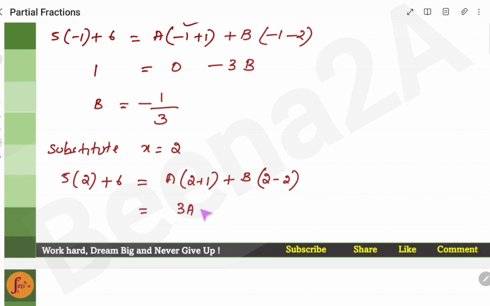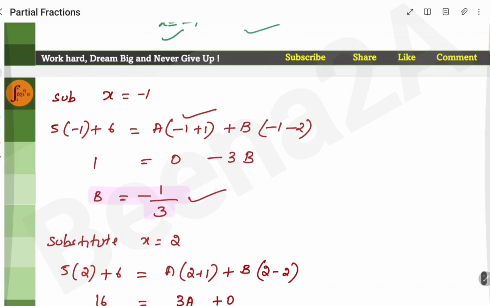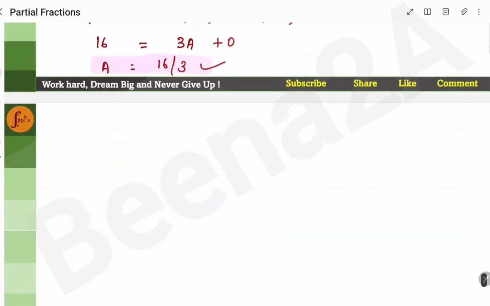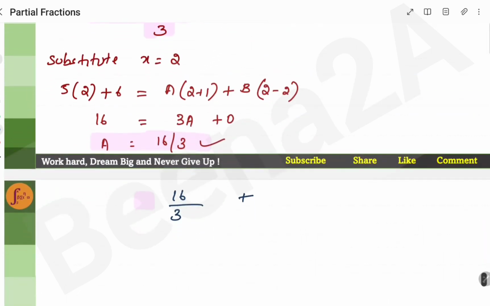So you get 3a plus 0 is equal to 16. Therefore a is 16 by 3. So I got both the a value and the b value. Now let's substitute in this particular partial fraction. So what is a? a by x minus 2. So I'll get 16 by 3. What is b? b is minus, so minus 1 by 3.